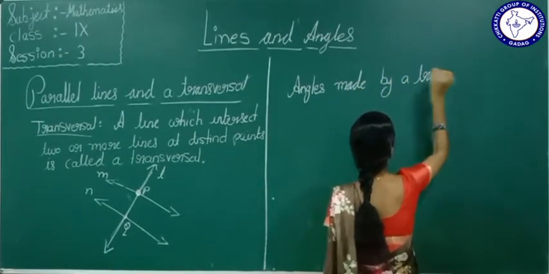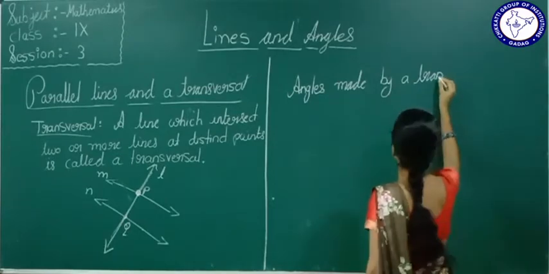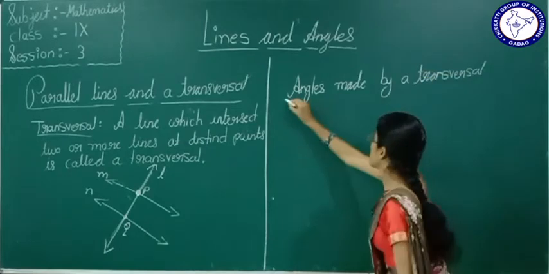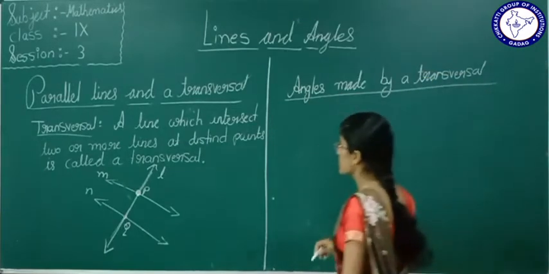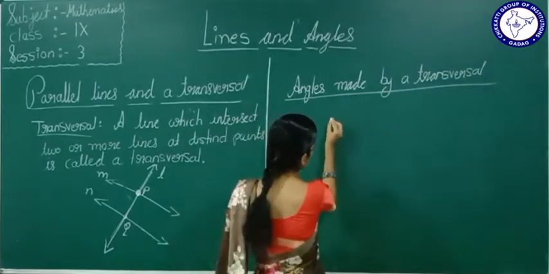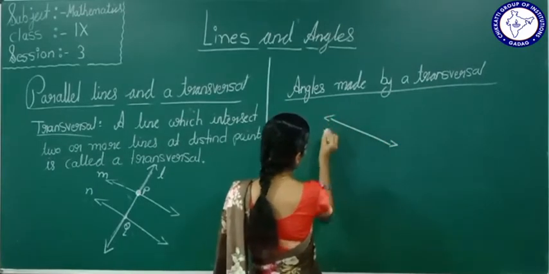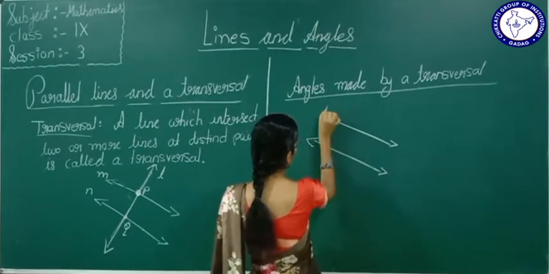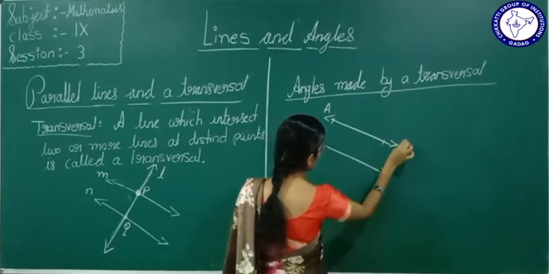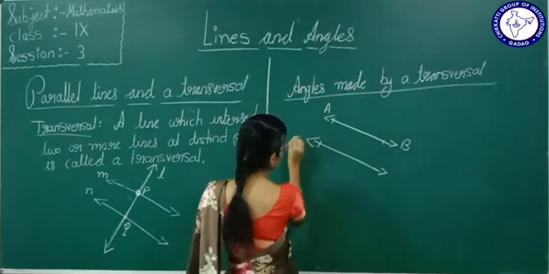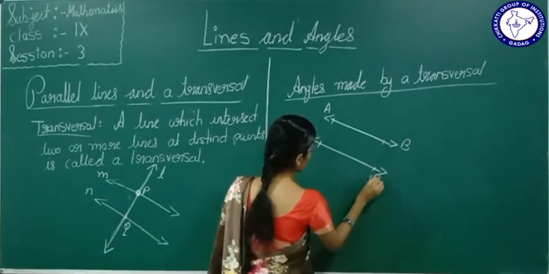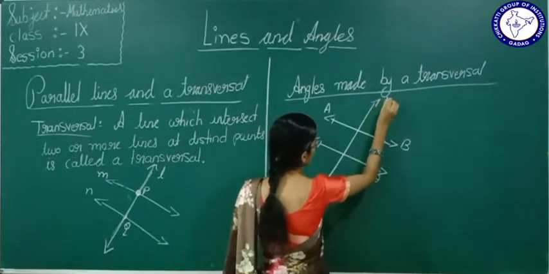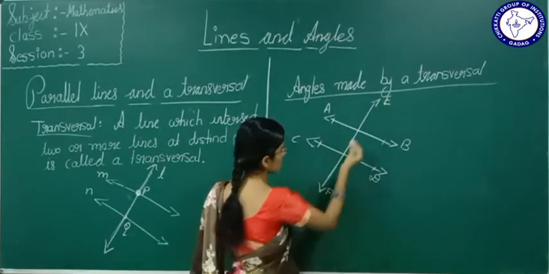In earlier classes you have learned all this, so we will just revise whatever we have learned. Now see here, I will take two lines. AB is a line and CD is a line. Here EF is a transversal.